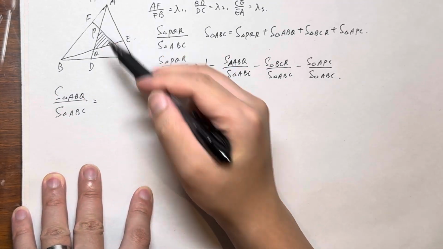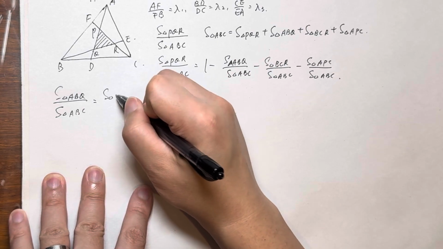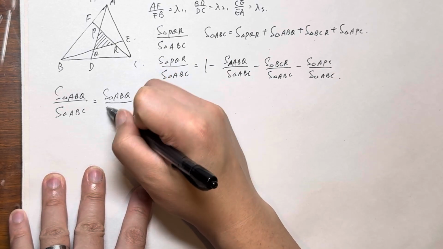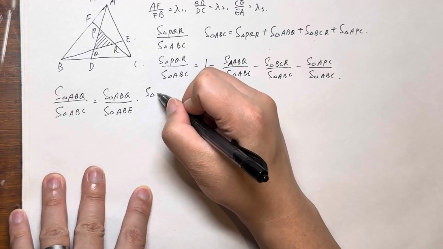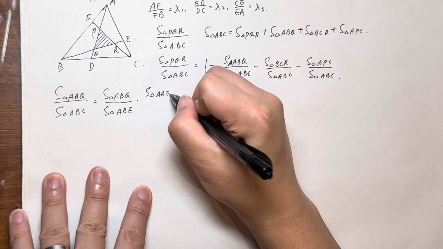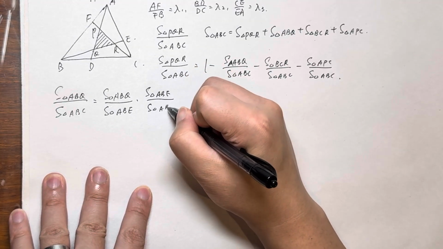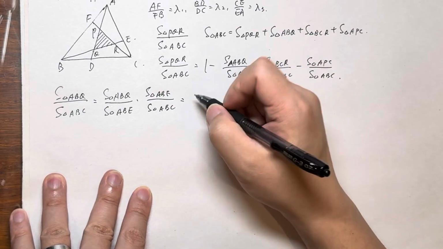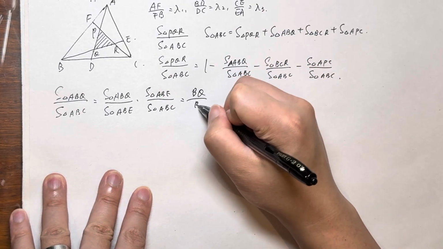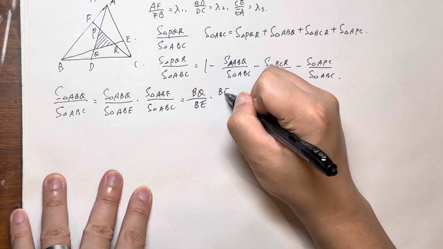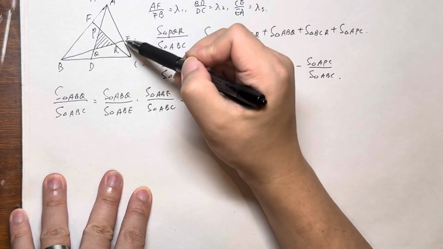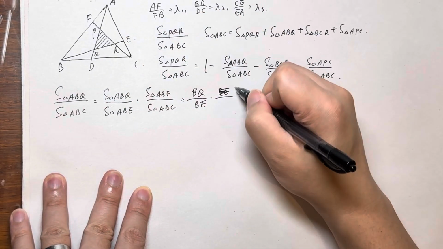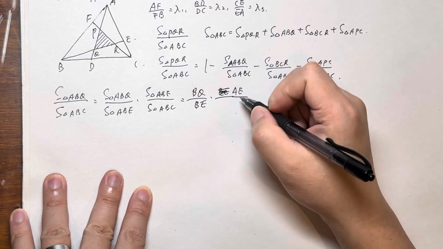ABQ to ABC equals the area of triangle ABQ to the area of triangle ABE times the area of triangle ABE to the area of triangle ABC, which equals BQ to BE times, well, the area of triangle ABE to the area of triangle ABC, so it's AE to AC.